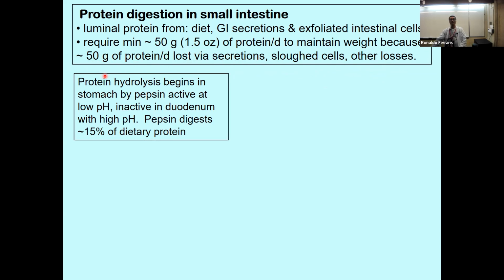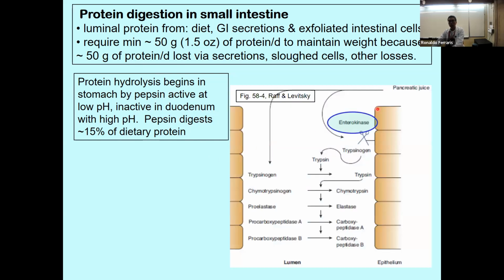Okay, so protein hydrolysis begins in the stomach by pepsin, active at low pH. It's inactive in the duodenum, and we talked about this. But the bulk of your dietary protein, your steak, is digested by pancreatic enzymes.